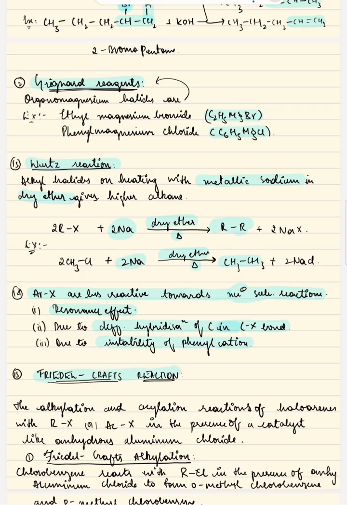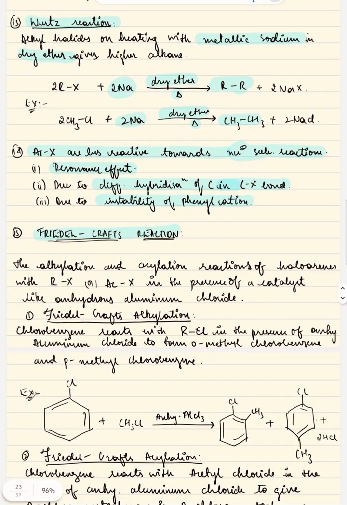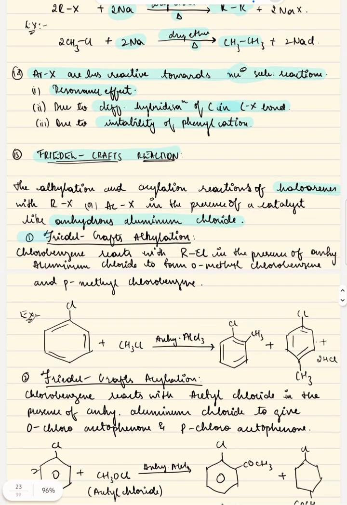Next is Friedel-Crafts alkylation. The alkylation and acylation reactions of haloarenes with RX or acyl halide in the presence of a catalyst like anhydrous aluminum chloride. First is Friedel-Crafts alkylation, next acylation. Chlorobenzene reacts with RCl in the presence of anhydrous aluminum chloride to form ortho-methyl chlorobenzene and para-methyl.